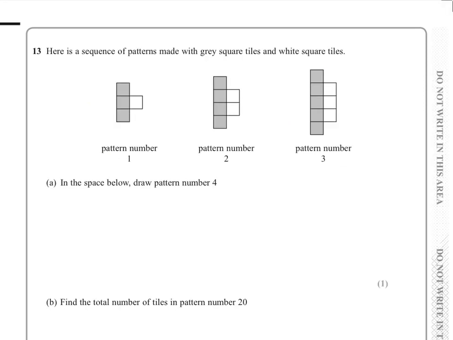Question 13, it shows you a sequence of patterns, and you have to try and work out pattern number 4. Well, you should be able to see that the grey grows by 1 each time. So for pattern number 3, there's 1, 2, 3, 4, 5. So for pattern number 4, there should be 6 of the grey.